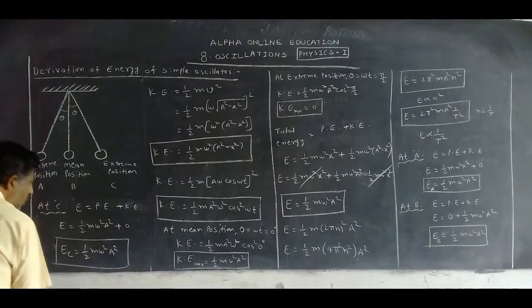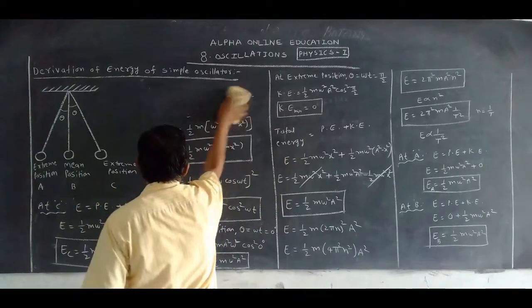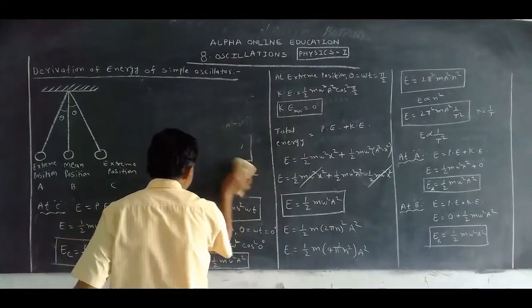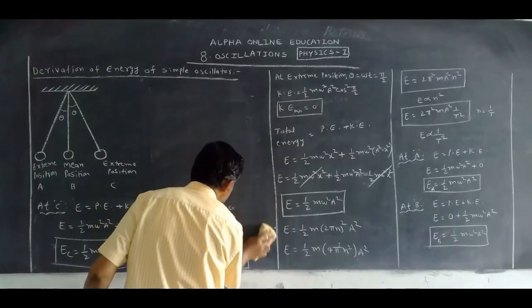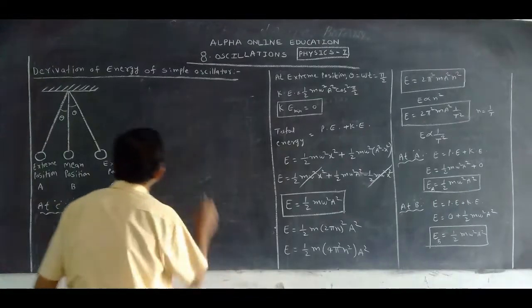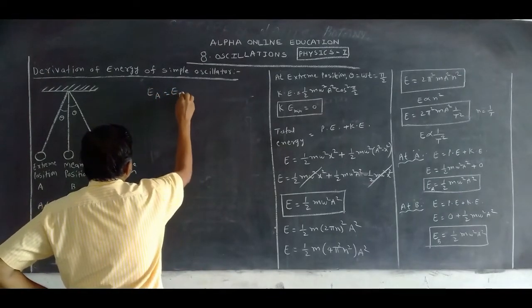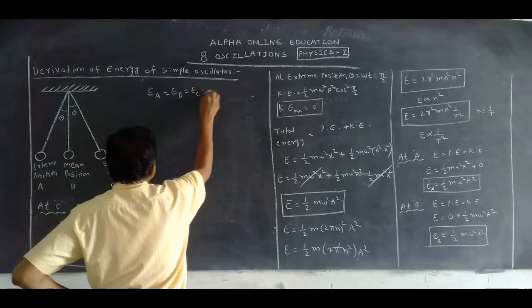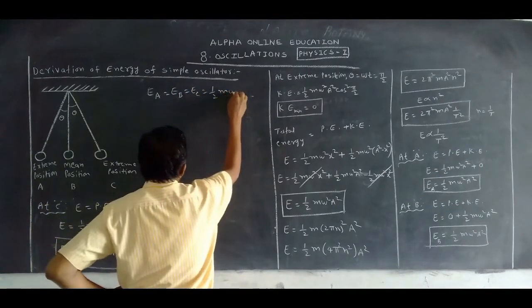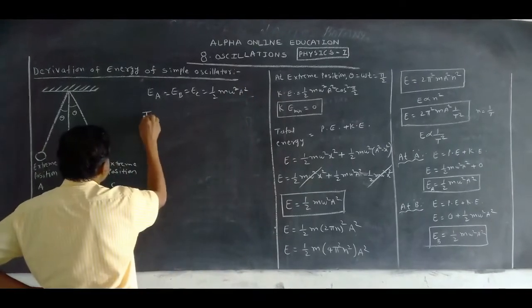Means what it is concluded at point A, at point B, at point C, total energy what happened? Remains constant. EA is equal to EB is equal to EC is equal to half m omega square a square.